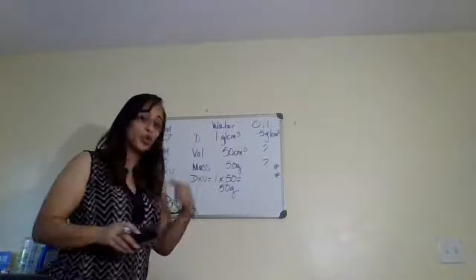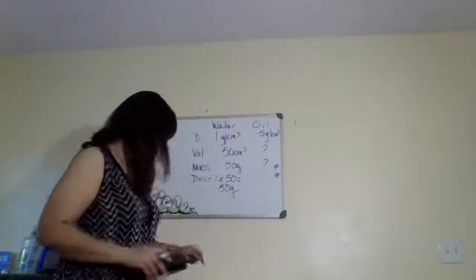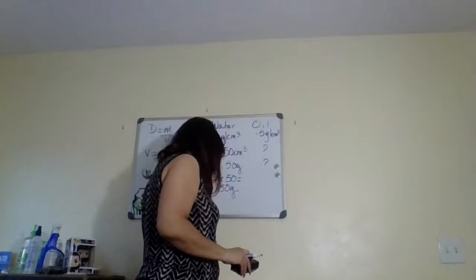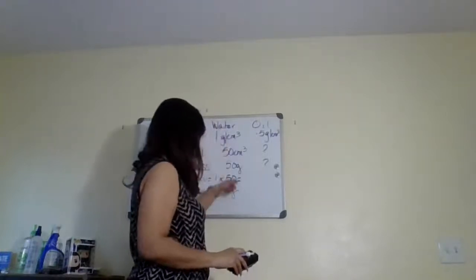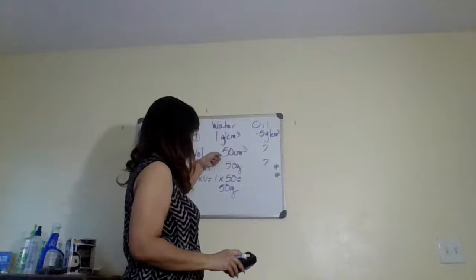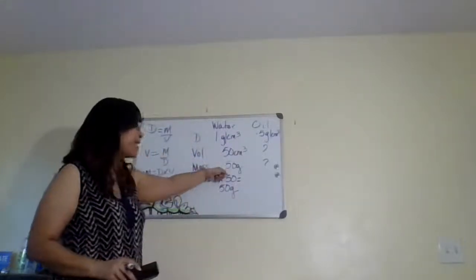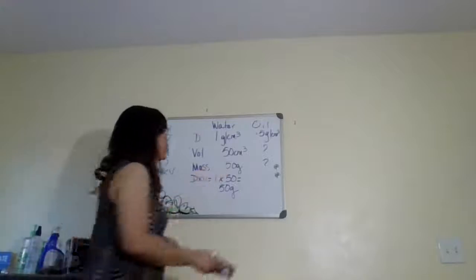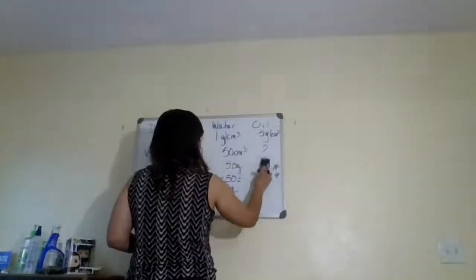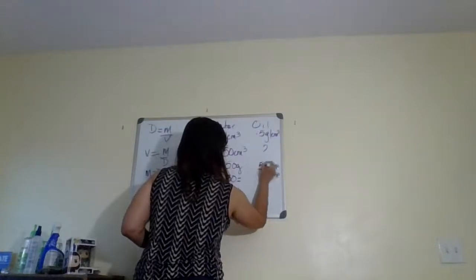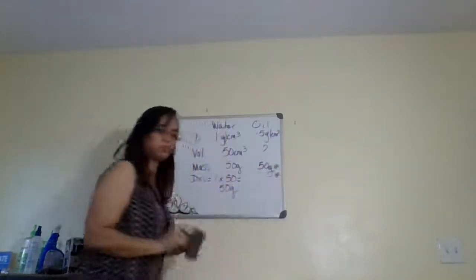The question says, what is the volume of oil that has the same mass as 50 cubic centimeters of water? Well, 50 cubic centimeters of water has a mass of 50 grams. So we now know that the required mass of oil is 50 grams.